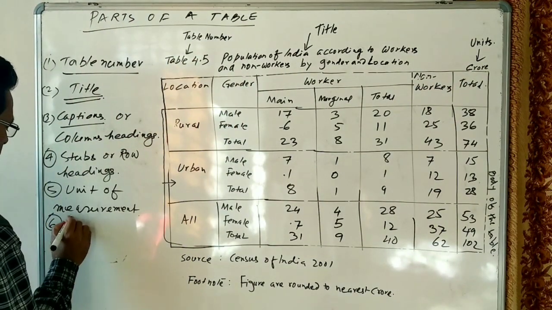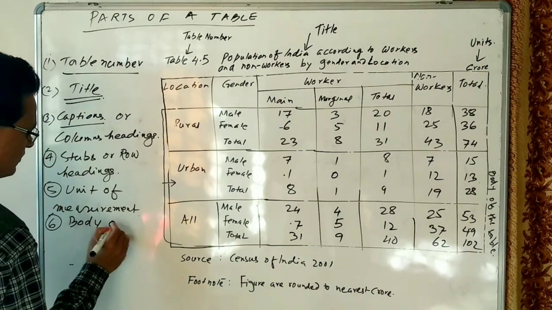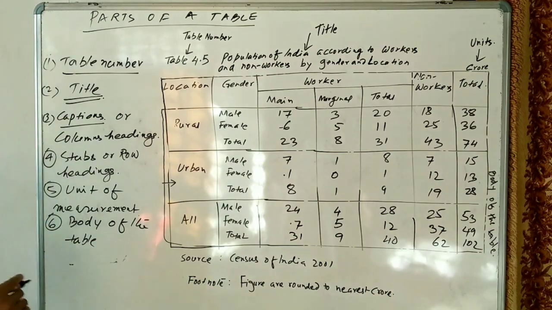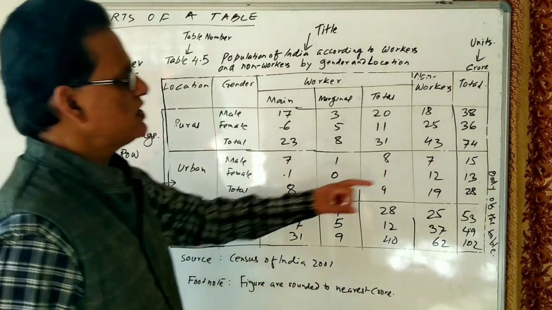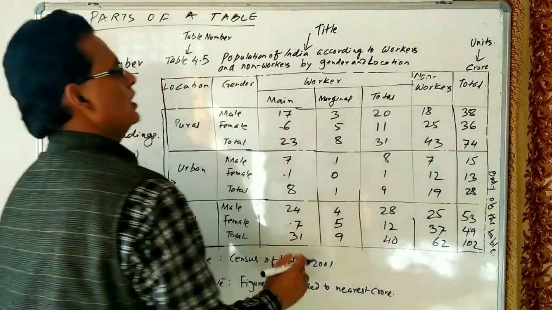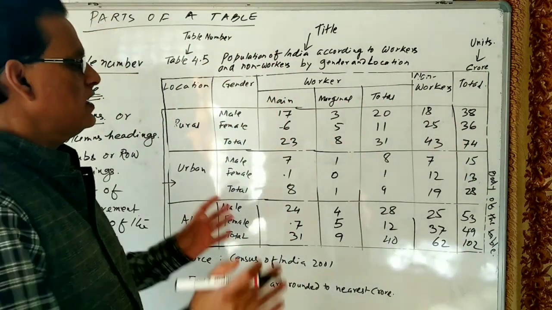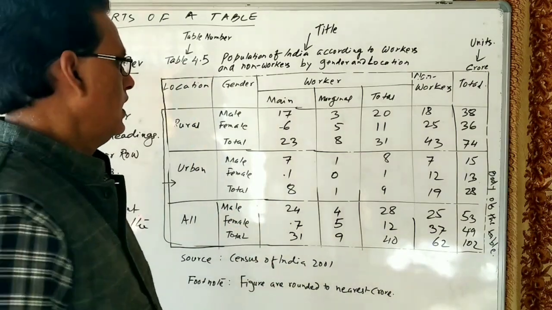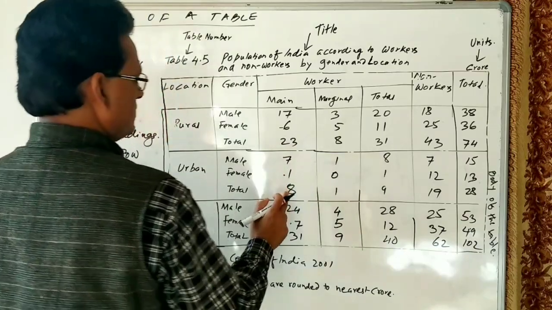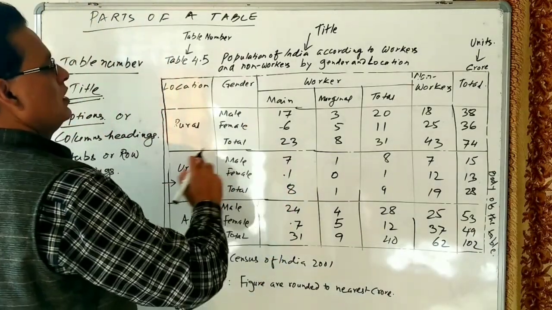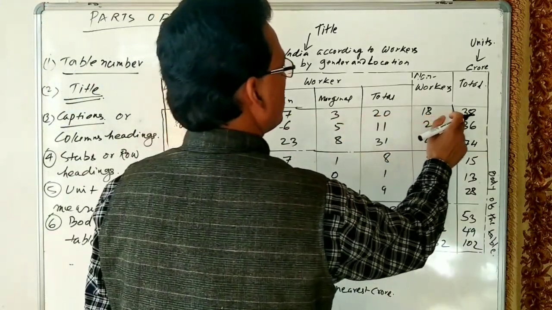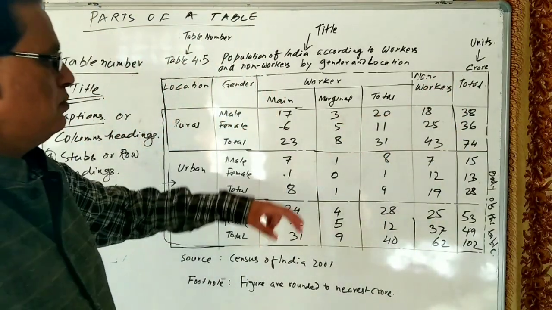The sixth part is the body of the table. Body of the table is an important part of the table. I have written body of the table. This is called the body of the table. So body of the table contains the different information. Let us see, we have got 1, 2, 3, 4, 5, 6, 7, 8, 9 rows, and we have got 5 columns.